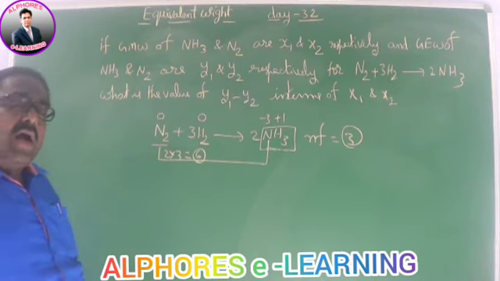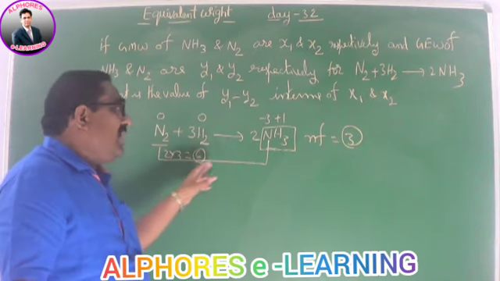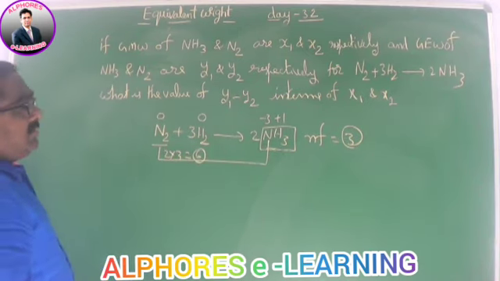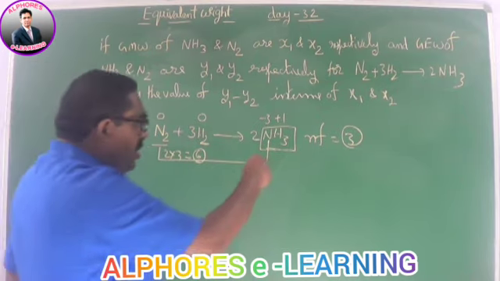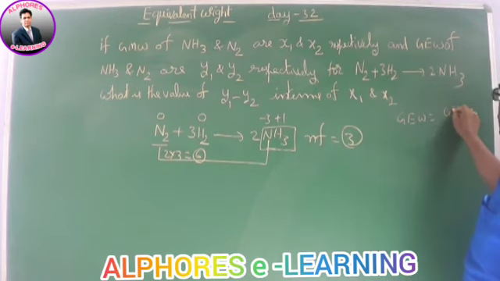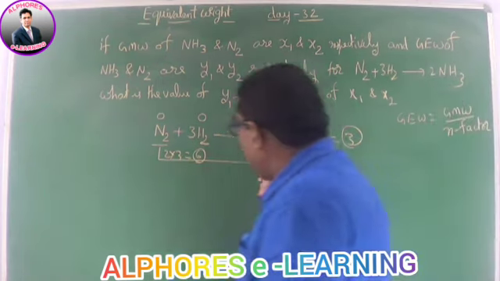So I got the N factors for nitrogen as well as ammonia. Right. Now we have to apply the formula. We know GEW is equal to GMW divided by N factor, what we have learned in the previous sessions. Okay, now let me apply the same here.